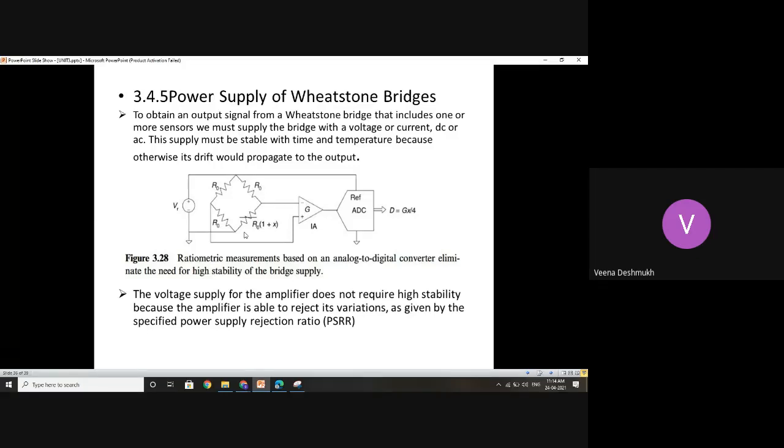If the lead wires are long, then by using lead compensation networks or the parallel 3-wire, 4-wire resistors, we can compensate. By connecting 3 wires or 4 wires in parallel, we can compensate for the long length of the lead wires, which adds to the resistance of the sensor. So first condition is the supply must be stable with time and temperature.